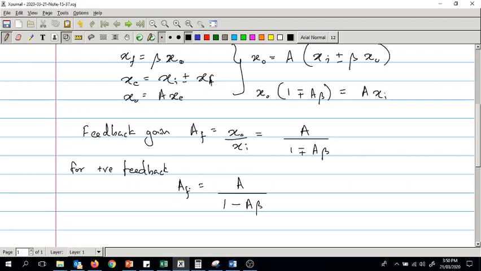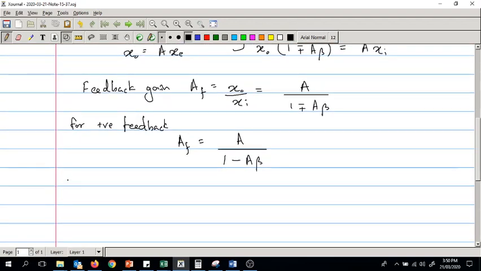So the gain will be increased. And in the case of negative feedback, Af is A over 1 plus A beta, because the sign swapped in here. For positive it is minus, for negative it is plus.